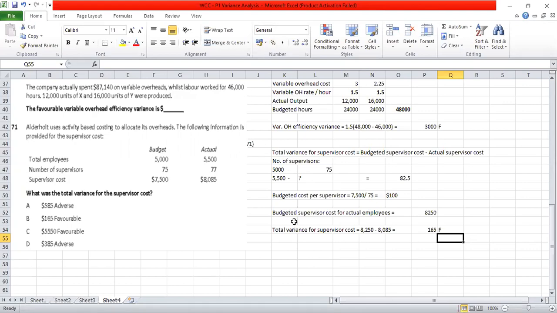Okay, so we'll end the class here and meet again tomorrow. Tomorrow also we'll take up some more questions. Maybe this week we will finish this one, and next week we can start with budgeting.